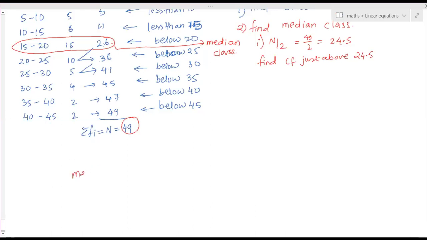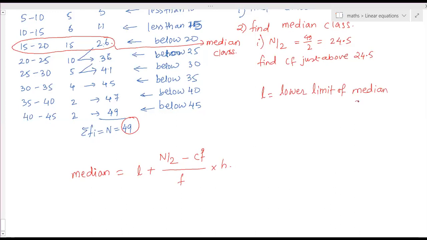Then you have the median formula: L plus n by 2 minus CF divided by F, into H. Now what is L? L is the lower limit of the median class. What median class did we get? 15 to 20 is the median class.